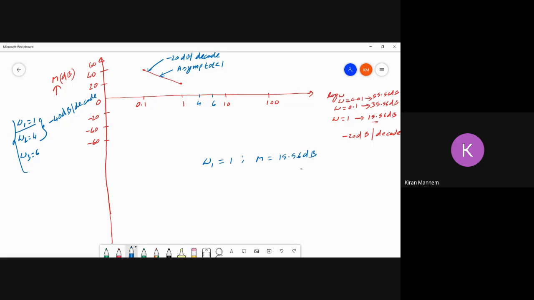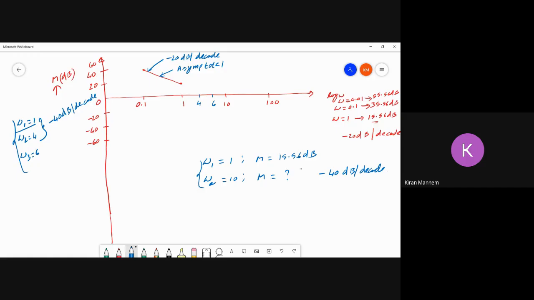So here I'll write, let us take an arbitrary value, omega equal to 10. That is, I'm taking the decade value. So what would be the magnitude value with minus 40 dB per decade?